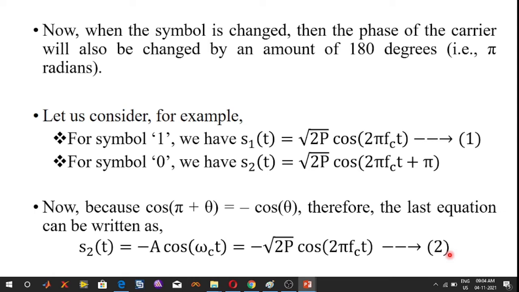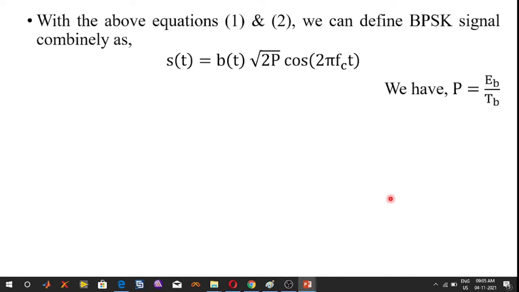Now, using equation 1 and equation 2, we can define the binary phase shift keying signal in combined form. The combined definition of the BPSK signal is given by s(t) = b(t) square root of 2P cos(2πfct), where P is the signal power.